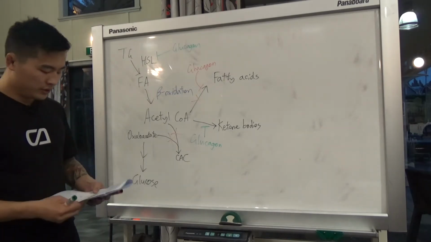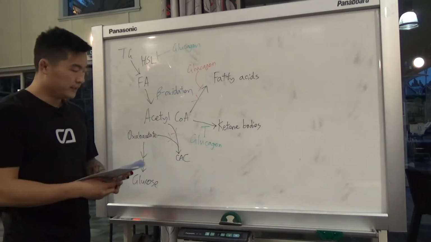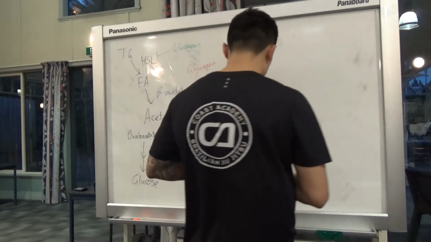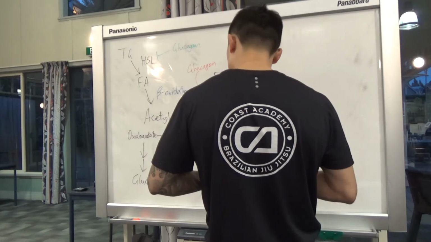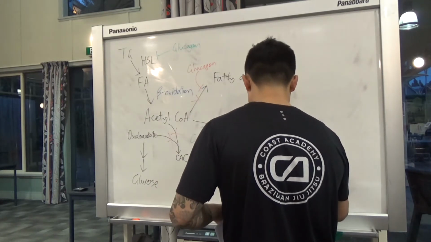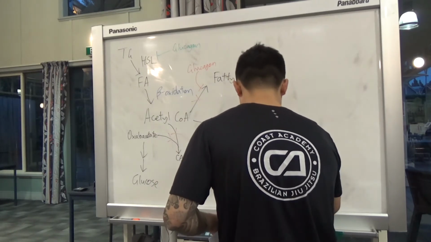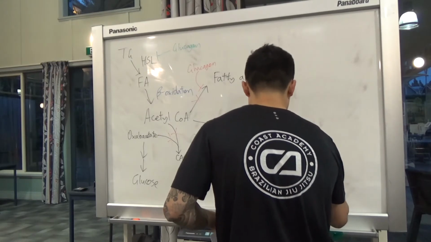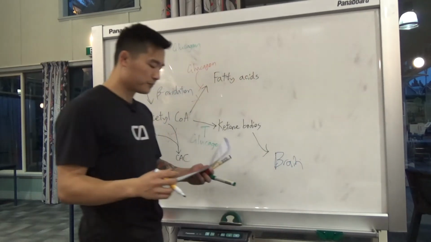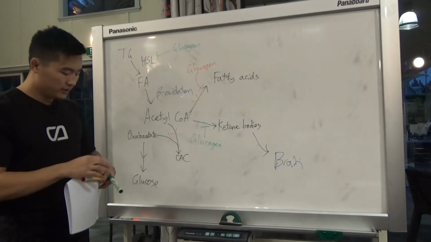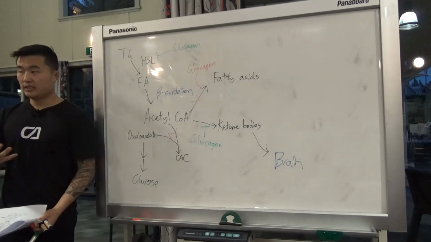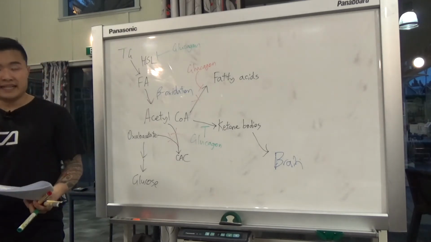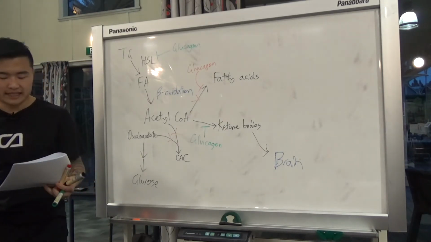And so these ketone bodies can then travel to the brain, and these ketone bodies are able to enter the brain, and they can be broken down into acetyl-CoA.